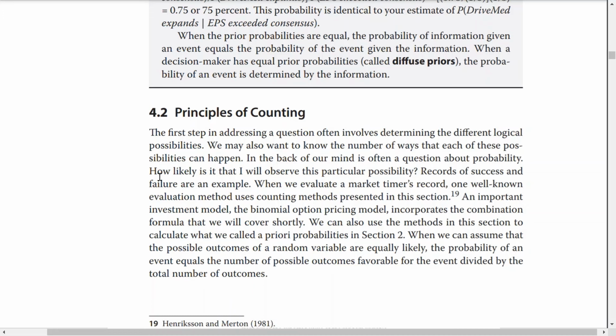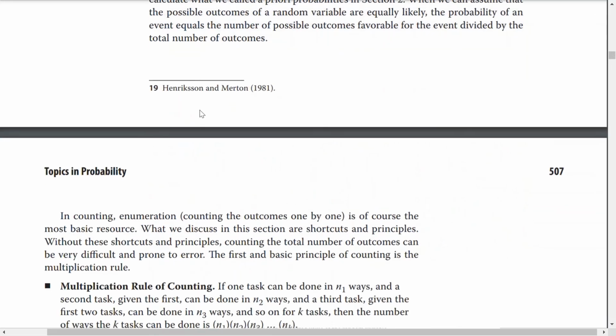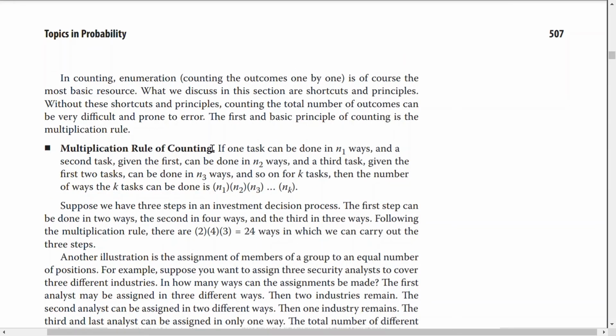We can also use the methods in this section to calculate what we call a priori probability, as in section 2. We can assume that the possible outcomes of a random variable are equally likely. The probability of an event equals the number of possible outcomes for the event divided by the total number of outcomes. And counting enumerations means counting the outcomes one by one.